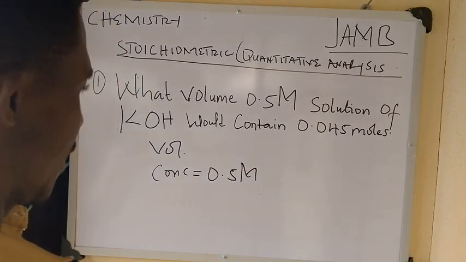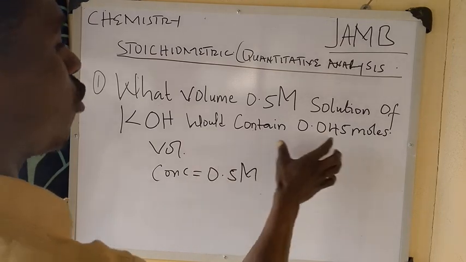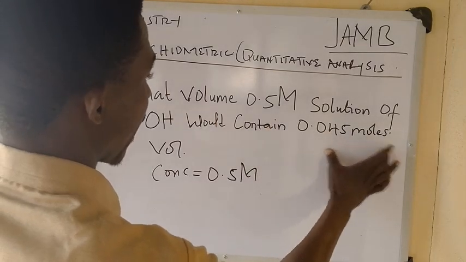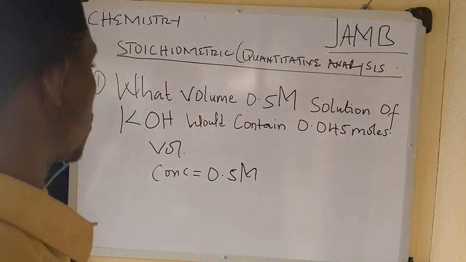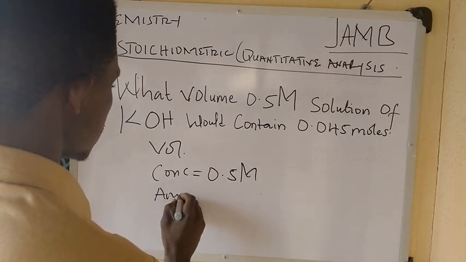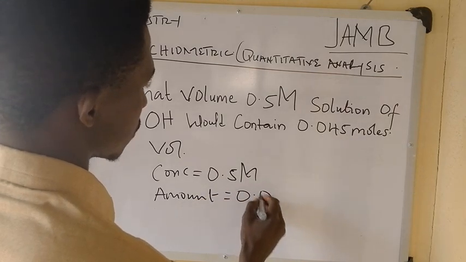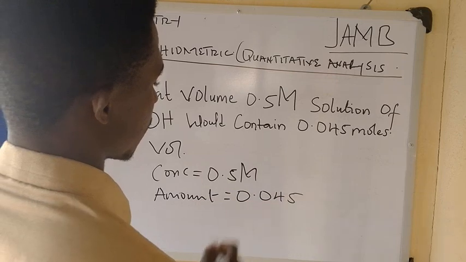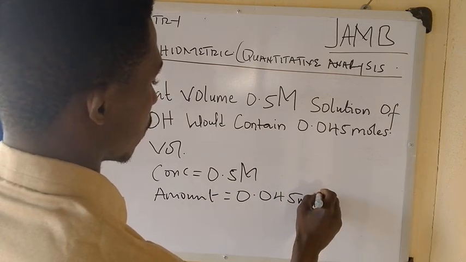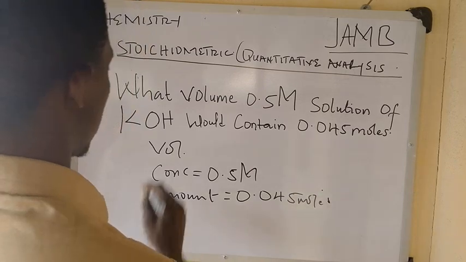So now I have the amount. These moles are the amount. So amount here is equal to 0.045 moles.